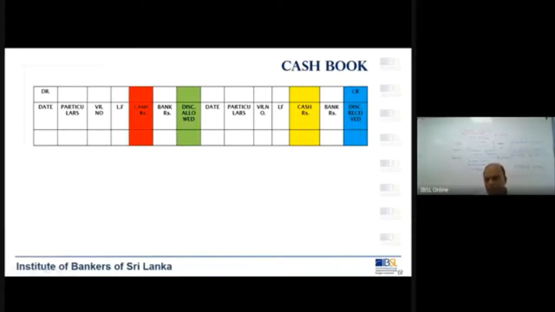But here, you have benefited by paying with a discount received column. But unlike the other situations, you will have to pay in advance. If you are given a credit period of 45 days, sometimes you might have to pay it in 30 days. So the cash will go out early.